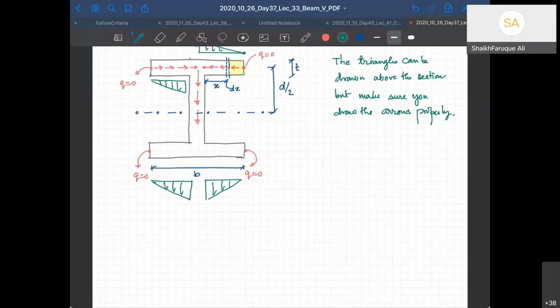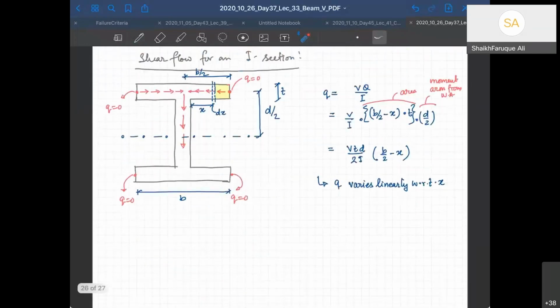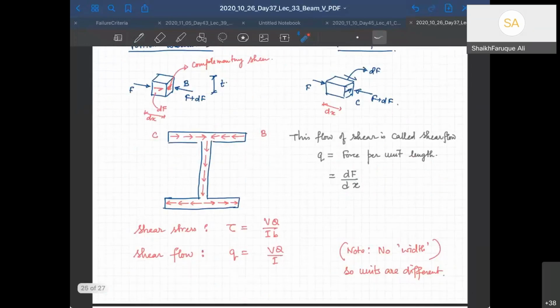Now, what about this web portion? You already know how to calculate, right? It is going to be a square parabola. Only thing is we cannot divide by b. It should be VQ by I, so it's simply going to be tau into b.